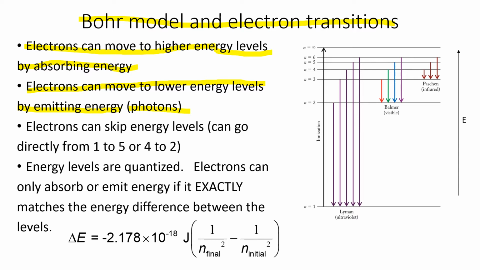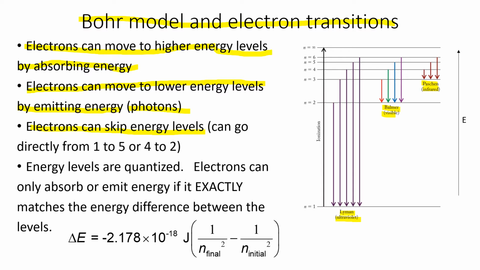Depending upon the specific energy levels, some of them are going to be in the visible region, that'd be the Balmer series, some of them are in the infrared region, and some of them are in the ultraviolet region. But the release of that energy from the electron is going to come in the form of a photon.